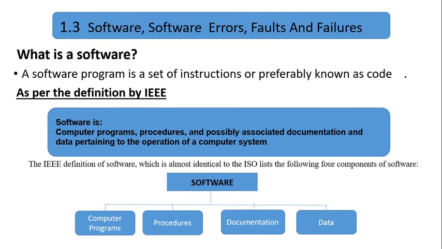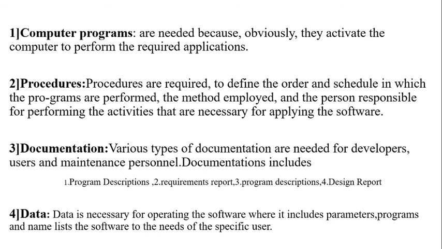The IEEE definition of software is the same as the ISO's. The ISO defines that software is classified into four components. The first is the computer program, the second is the procedure, the third is the documentation, and the fourth is the data. First, the computer program.